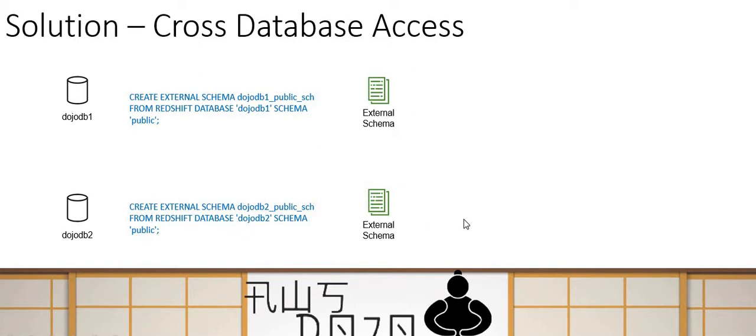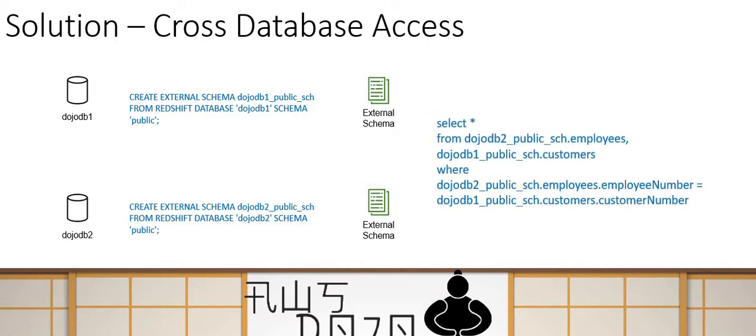And then guess what? After that, you can simply make queries. You can say, from the DozoDB1 schema there's a customers table, and then there is a DozoDB2 schema with an employees table. I want to query data from both, and I also want to join those schemas and tables based on the fields. So you can very much make a cross database query by using the schema.